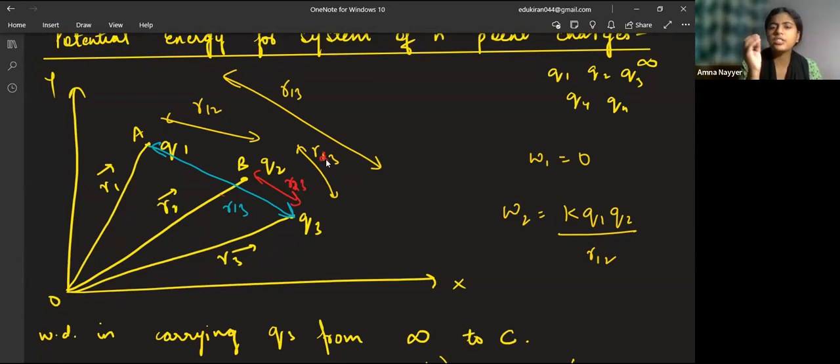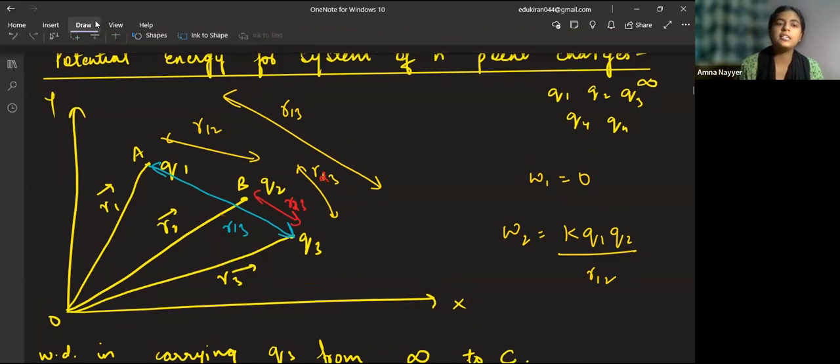Any charge you take, the charge because of which the potential is being produced, that charge we mention. And whatever is the relative separation between the charge of calculation and the charge because of which potential is being generated, that separation is taken in the denominator.